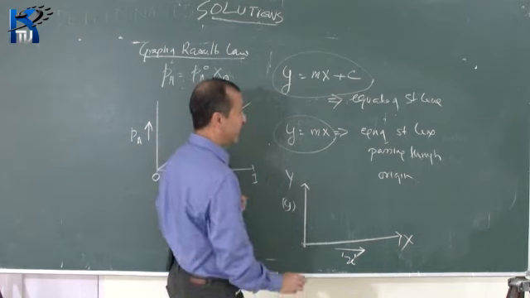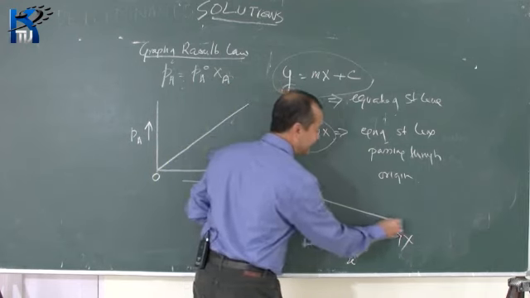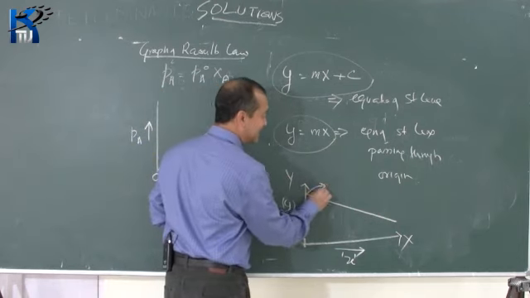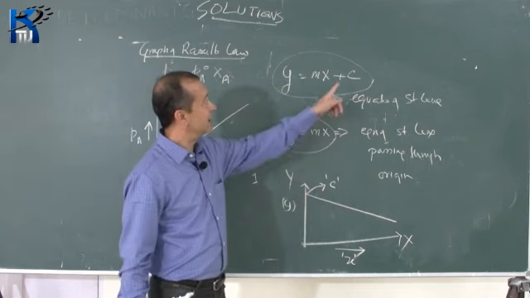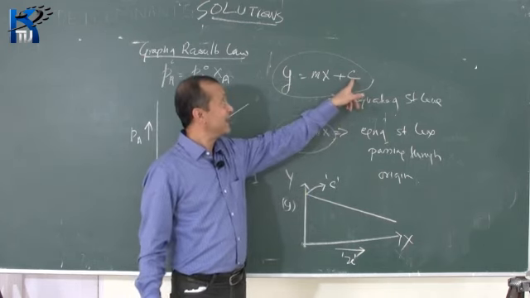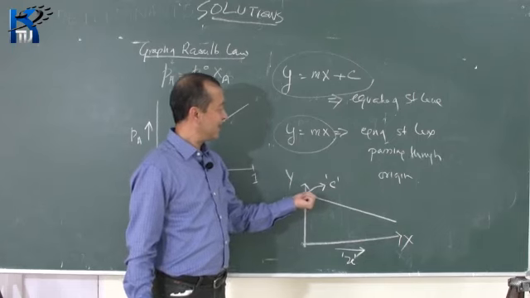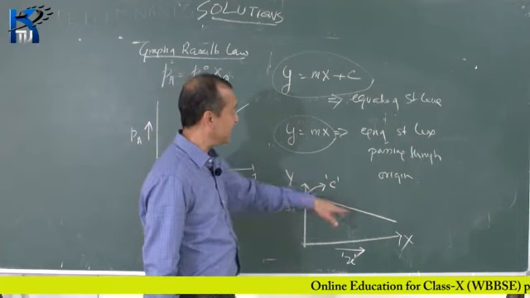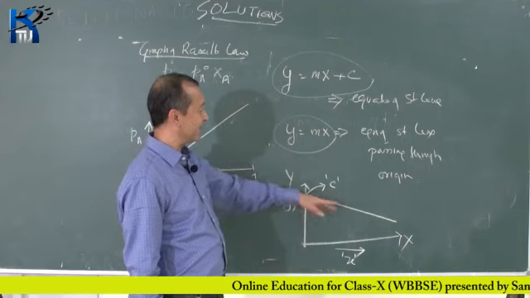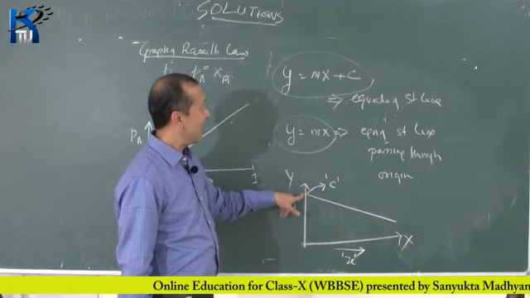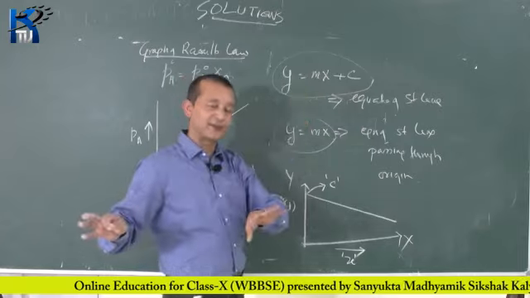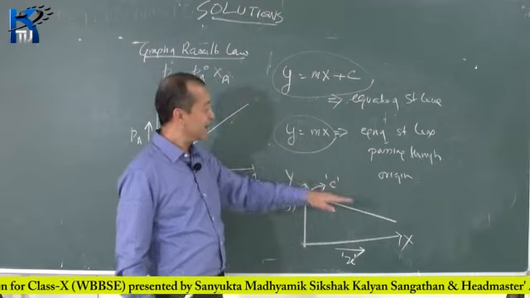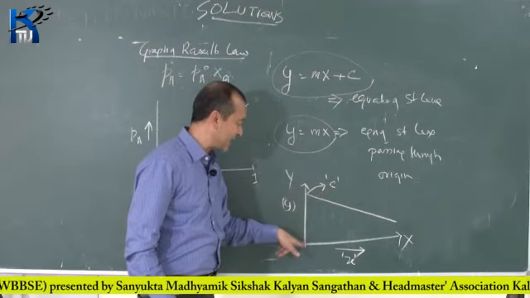Now, supposing we get a graph like this, it means this is c, the y intercept, the point on the y axis where the line is cutting. And m is the slope, but that is not relevant to us. But when c is 0, it means the line is cutting the y axis at 0.